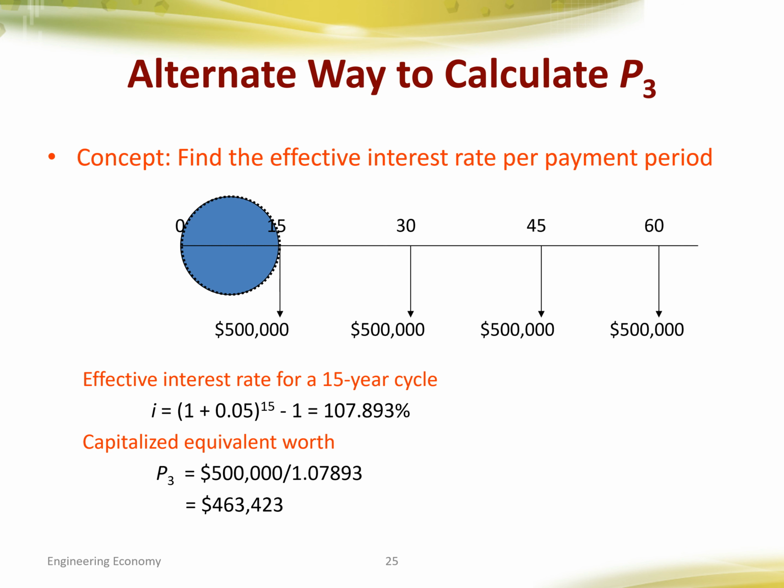So rather than break the cash flow down to 15 equal payments, we can compute a new interest rate, allowing them to accumulate or discount based on the interest rate. Here we have 5% for each year. For 15 years, we know this equation already. We'll get almost 108%.